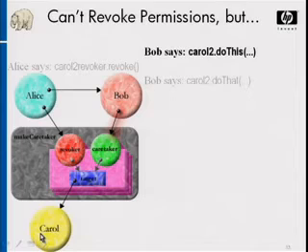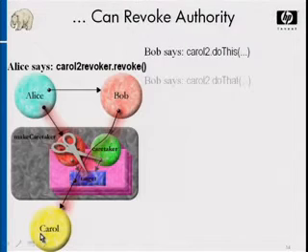So if Bob's name for the caretaker, let's say, is Carol2, and Bob says Carol2 do this, the caretaker will forward that on to Carol. If Alice says to the revoker, revoke, that sets the target variable to null. Now this transitive line through the caretaker pattern is showing authority, not permission.